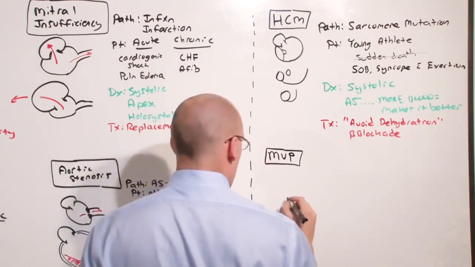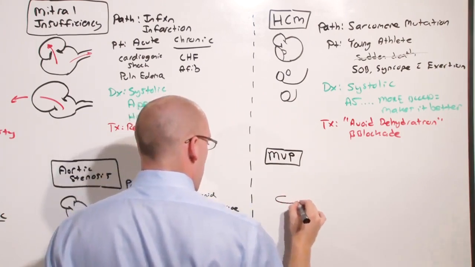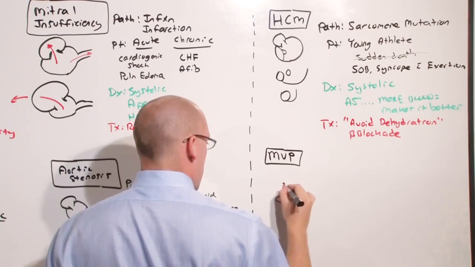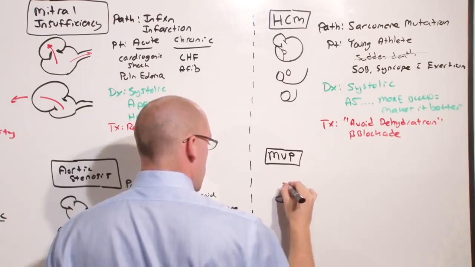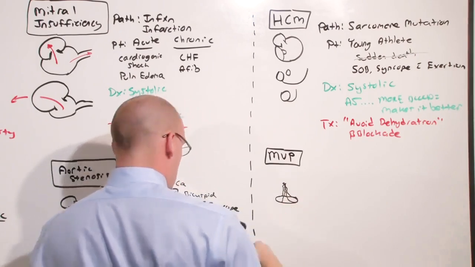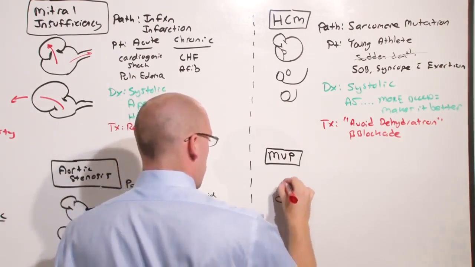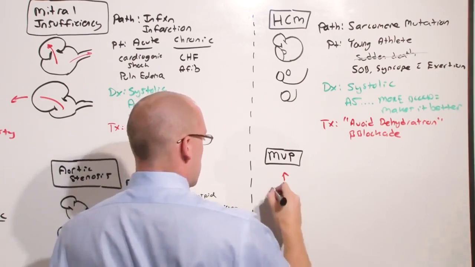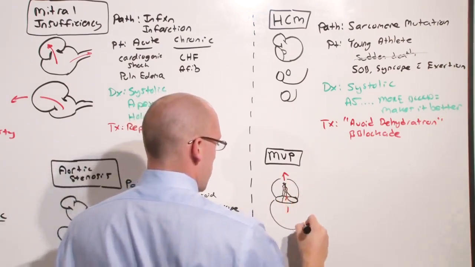It's difficult for me to draw on the board. But basically what we're looking at is a narrow valve area with the valves that are too big and floppy, so they touch together, but it allows blood to come through. This is the atrium, this is the ventricle.